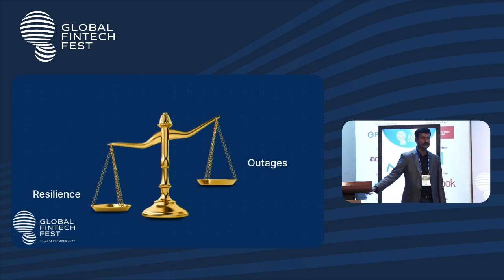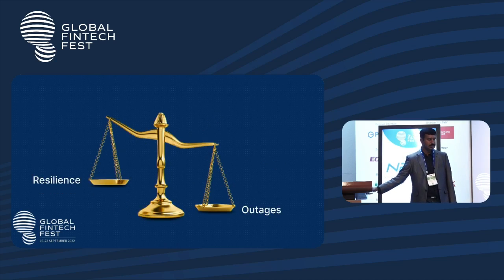How many outages you are seeing, and how reliable you are, is basically how many outages you're not having. So when outages are more, you are less resilient. The idea is to reduce the outages or reduce the amount of time a particular outage lasts. That's really how you can tell your end users that you are resilient.